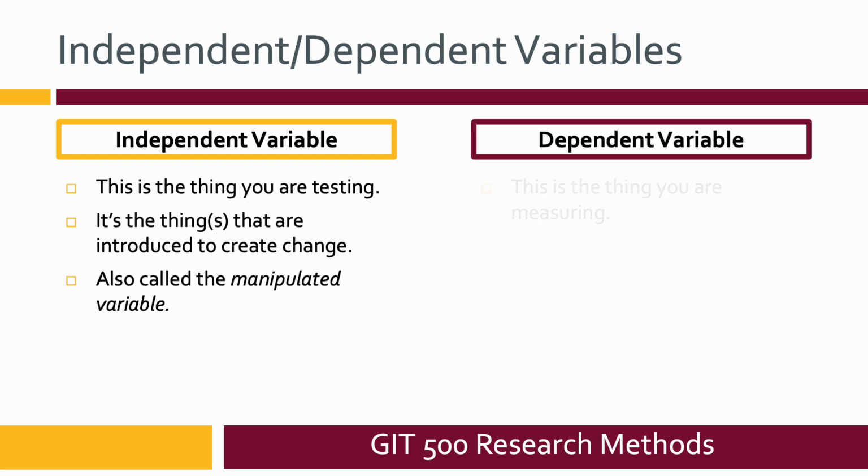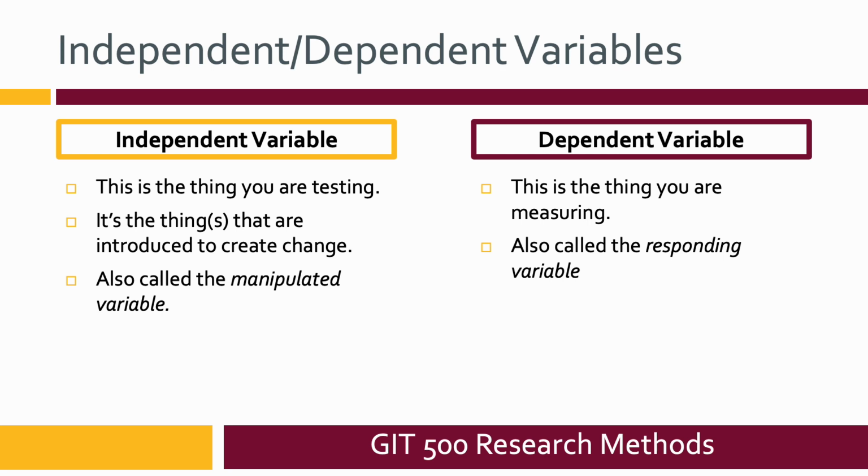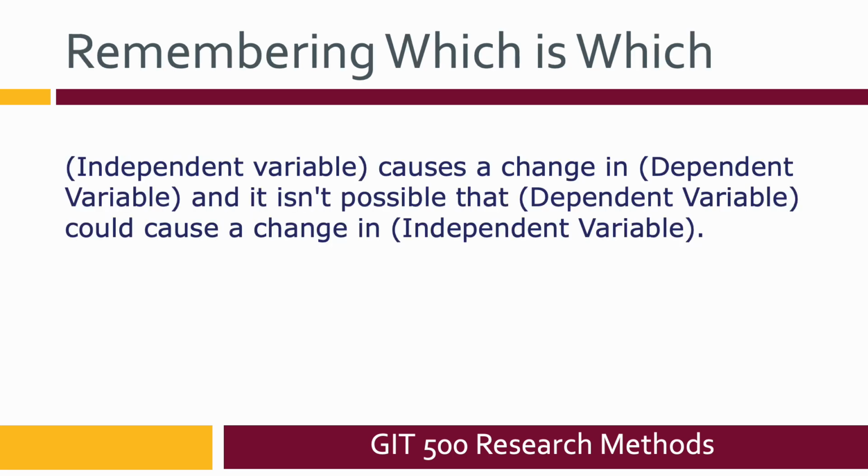The dependent variable, on the other hand, this is the thing that you are measuring to see if it changed based on the independent variable that you introduced. It's also called the responding variable. This gets kind of confusing. Using this sentence structure can help you remember which is the independent and which is the dependent.